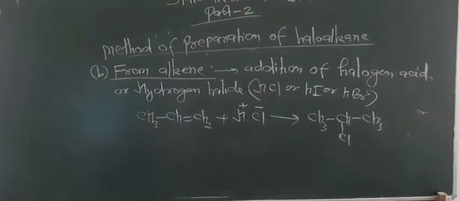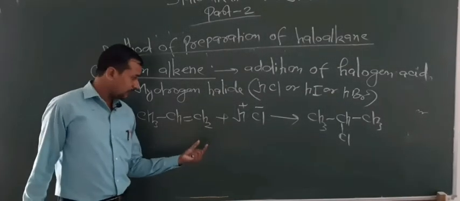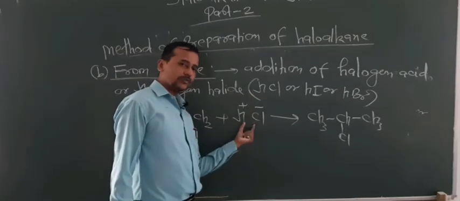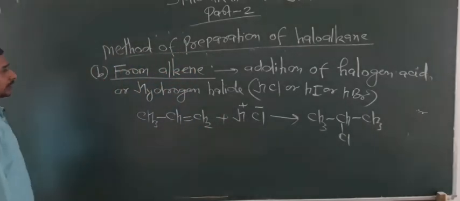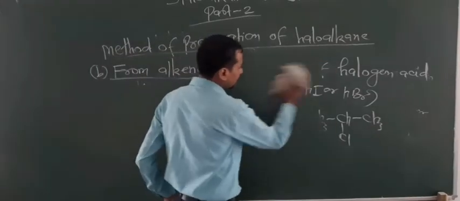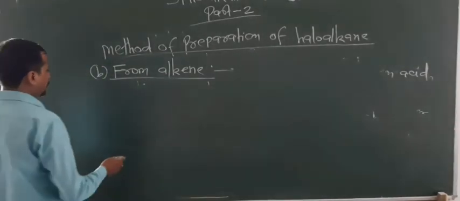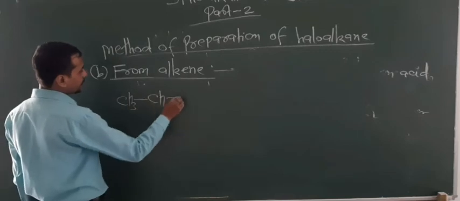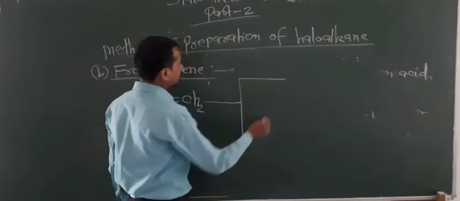One more thing here: for Markovnikov rule, the alkene should be unsymmetrical and the reagent also should be unsymmetrical. In both conditions, they will follow the Markovnikov rule. Now, one more condition arises, that is known as anti-Markovnikov rule. So look at the conditions for anti-Markovnikov rule. If the reaction is given like this, look at the conditions.